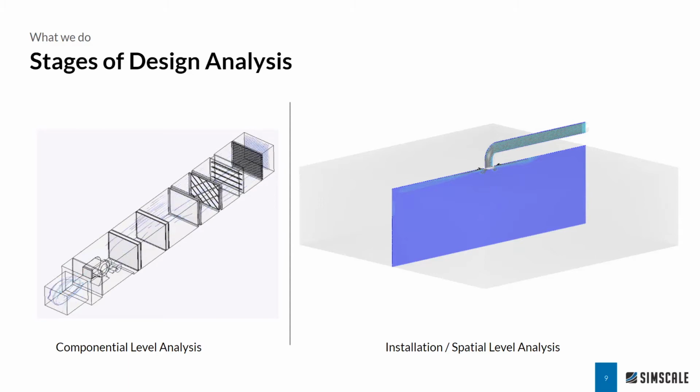And the next stage is the installation or spatial level analysis, where you put this HVAC unit into a particular space and see how well it performs according to the space, so that you can also do a parametric study on how this unit should actually perform for a given space, whether the space is a bigger space or a particular meeting room or an office room, and we can set the operating points according to that.